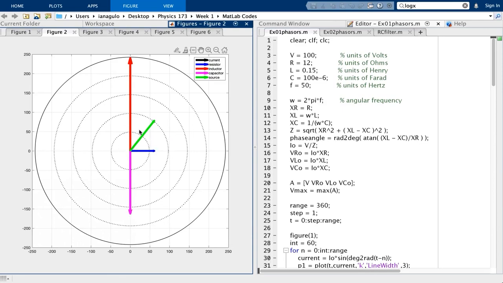The inductor voltage is 90 degrees ahead of the current, the capacitor voltage is lagging by 90 degrees with respect to the current, and the source is about 51 degrees ahead of the current.